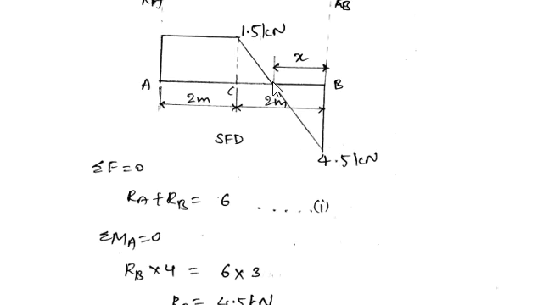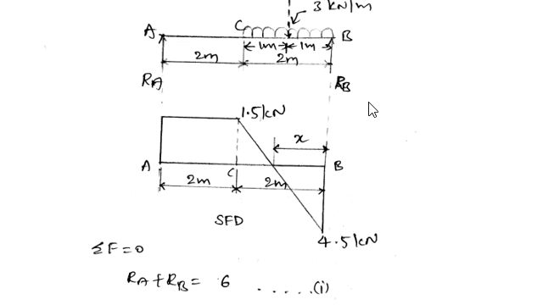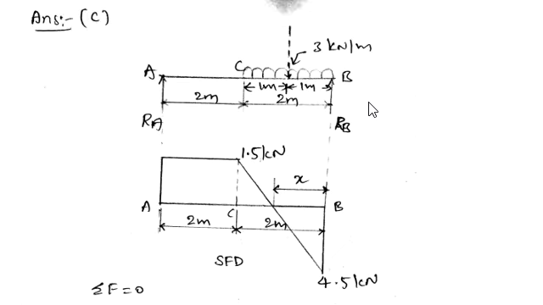The maximum bending moment, as I told you, will happen at this point. So at this point, the bending moment can be found as RB into 1.5, taking sagging as positive. For the 1.5 length we also have to find the bending moment because of the UDL, and this will create a hogging moment.